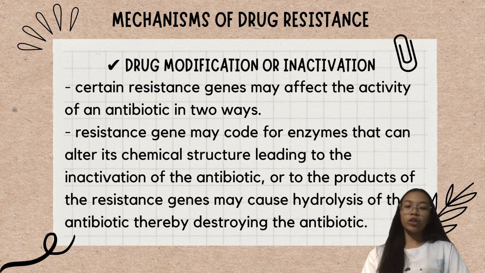Drug modification or inactivation. Certain resistance genes may affect the activity of an antibiotic in two ways. First, resistance genes may code for enzymes that can alter its chemical structure, leading to the inactivation of the antibiotic, or the product of the resistance genes may cause hydrolysis of the antibiotic, thereby destroying it.